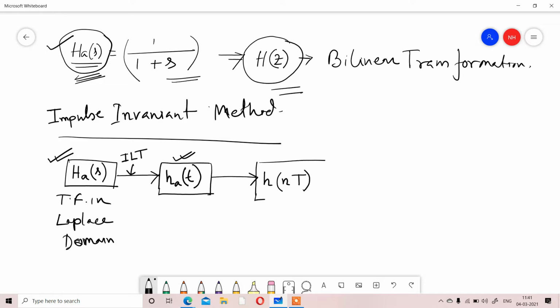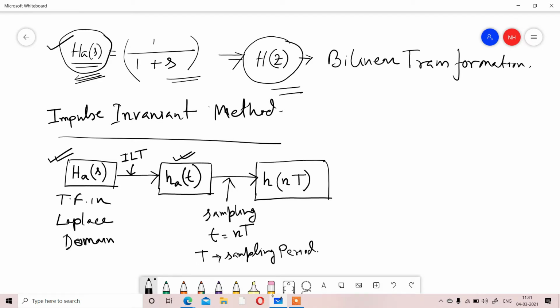Means what we are doing, simply we are sampling, replacing t by nT, and capital T defines the sampling period.